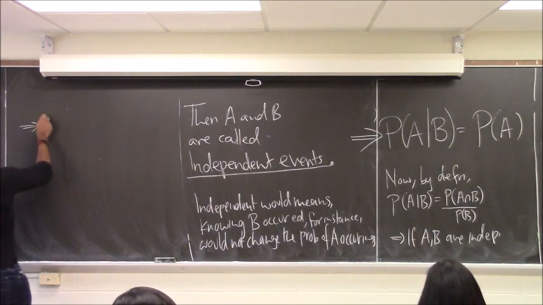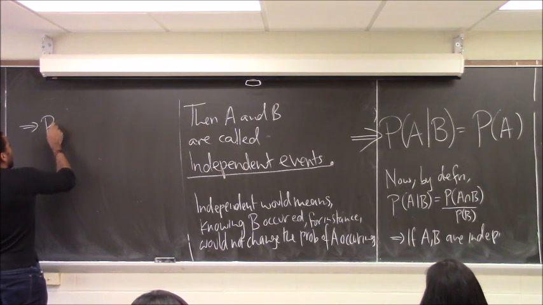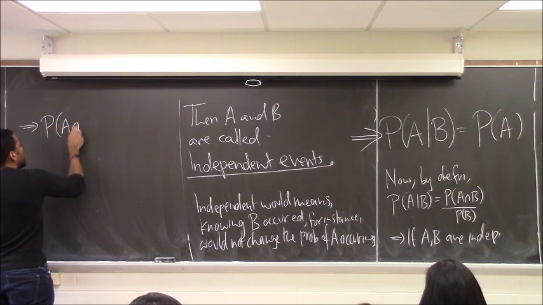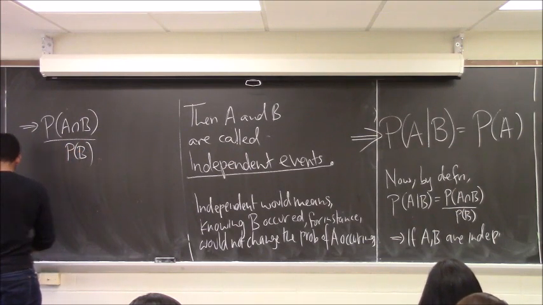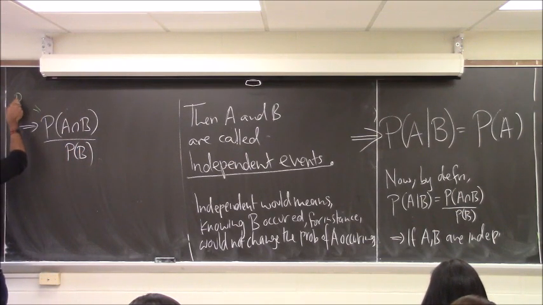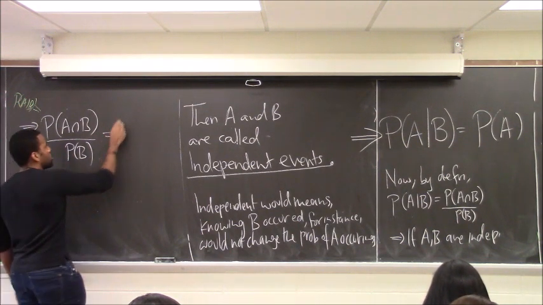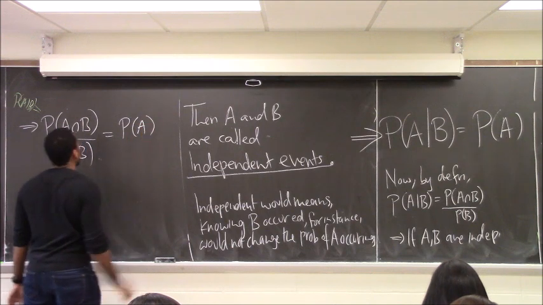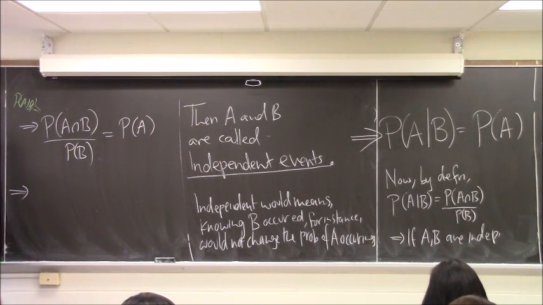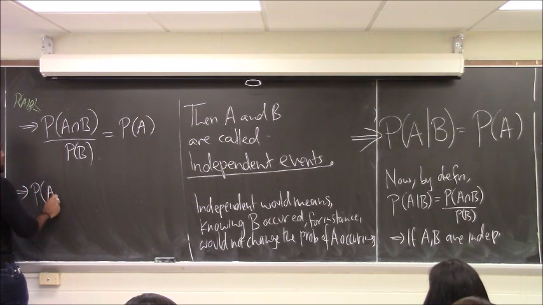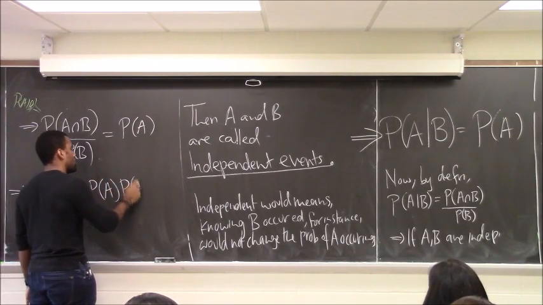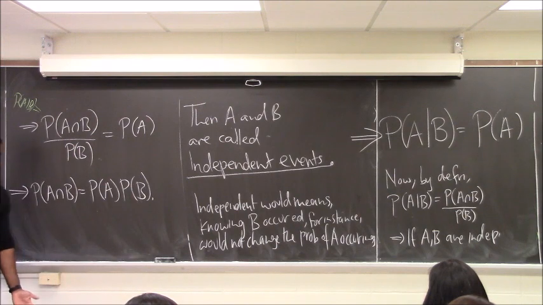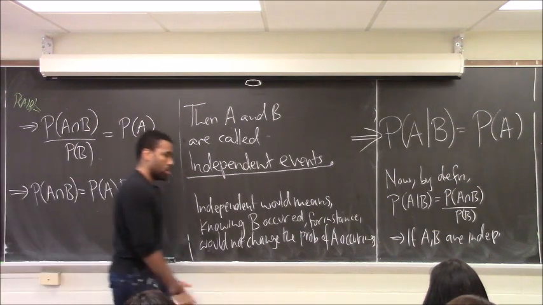This would mean that the probability of A intersect B over the probability of B, which is just another way of writing P of A given B, is going to be equal to P of A. But that will mean that the probability of the intersection is the product of the individual probabilities.